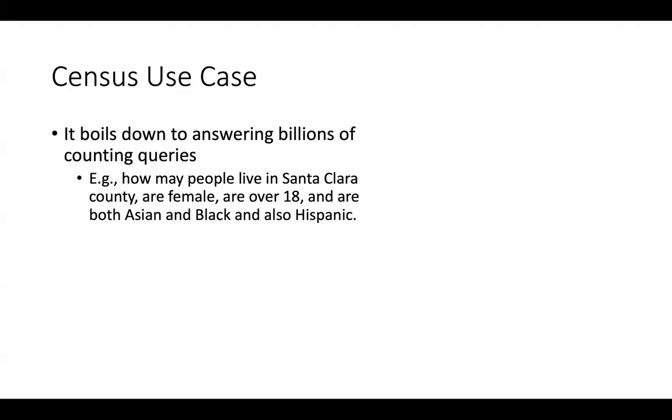And I mean literally billions of count inquiries. They were all of the following form. For example, I might be asking how many people live in a certain geographic area, and have a certain gender and a certain age and a certain mix of race and ethnicity. And you're going to have every possible combination of these parameters. And that's a count inquiry that you're going to ask.